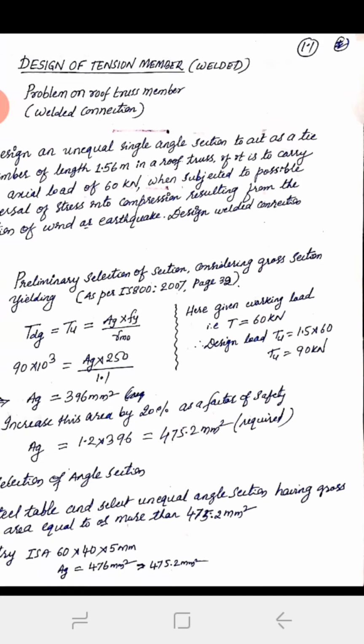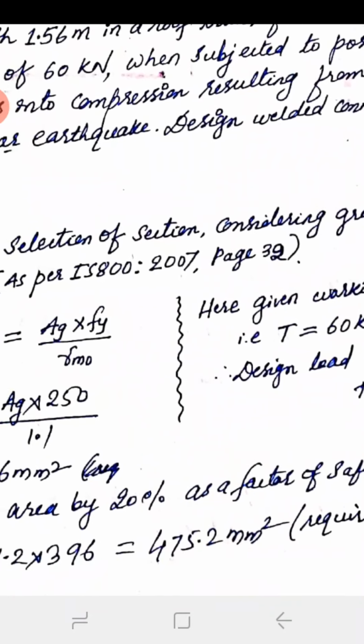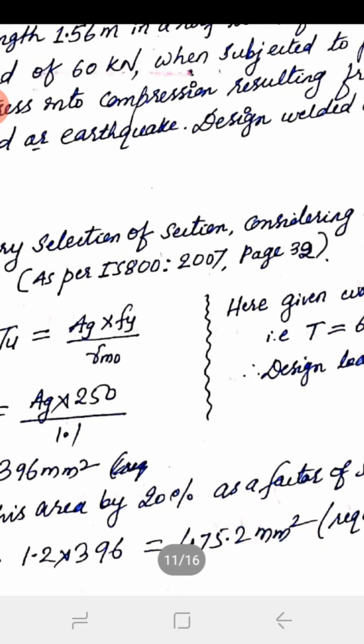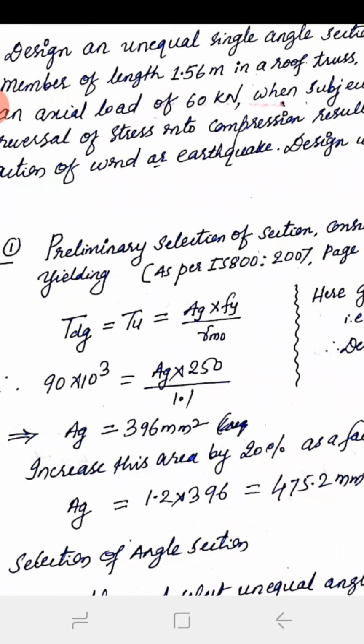As per the code IS 800 2007, page number 32, the formula is given as Tdg equal to Tu, meaning the design load.